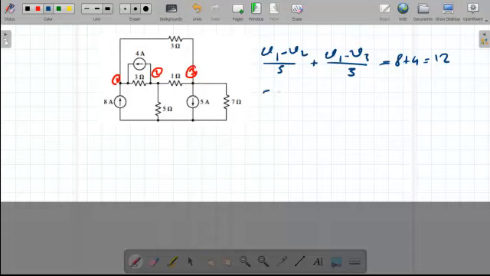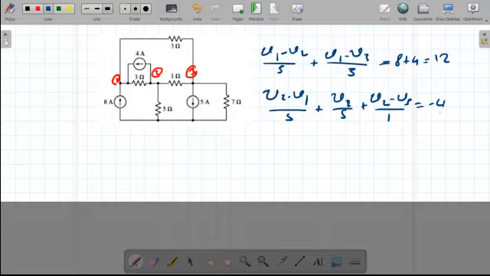For the second node, V2 minus V1 over 3 plus V2 over 5 plus V2 minus V3 over 1. This will equal the entering current. We have only the 4 amp, but it is leaving, so we write minus 4.